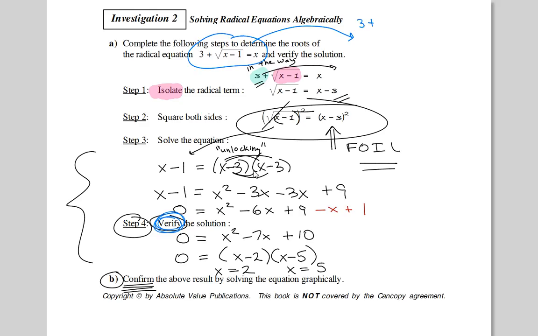3 plus square root of 2 minus 1 equals 2, question mark. What's the square root of 2 minus 1? Square root of 1. What's the square root of 1? 4 equals 2. Is that a problem? What happened? Why didn't that work?